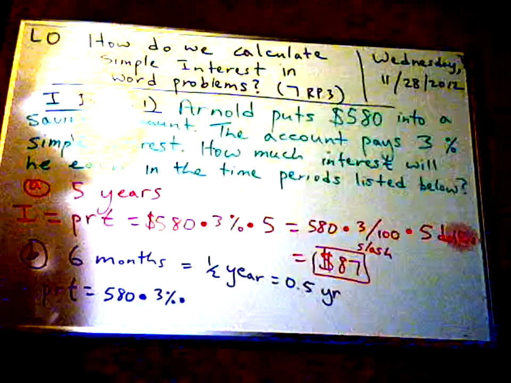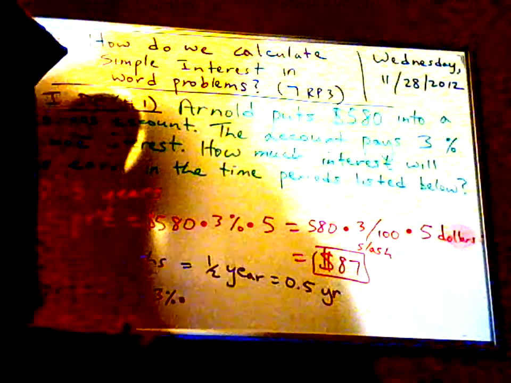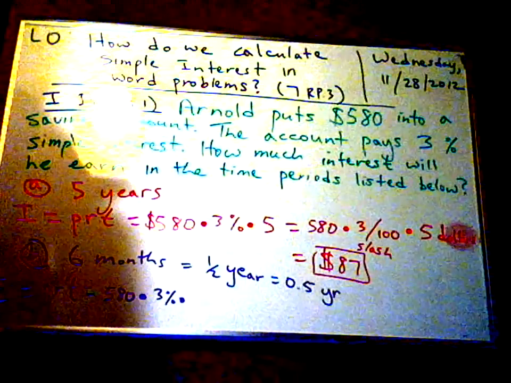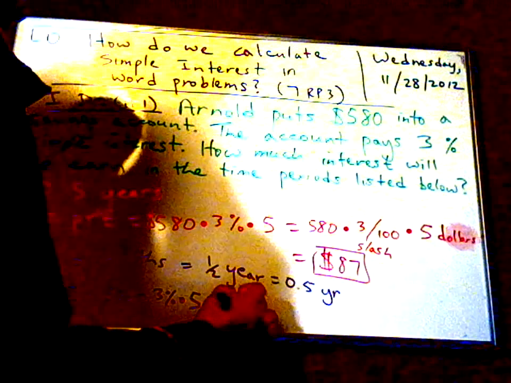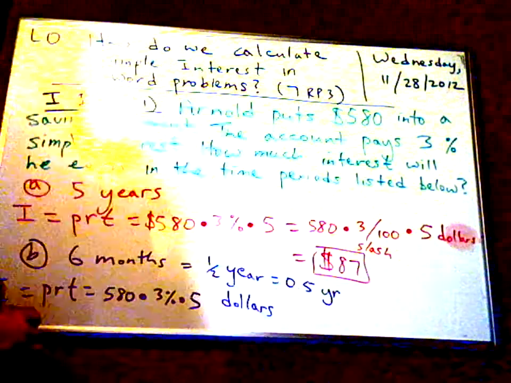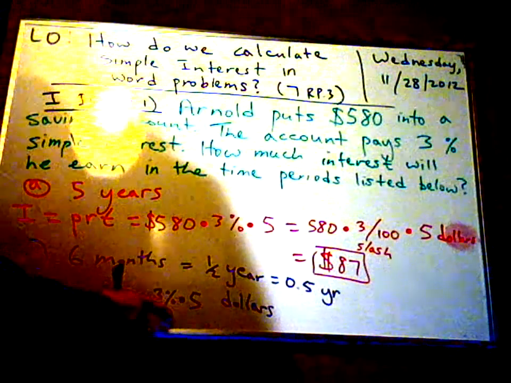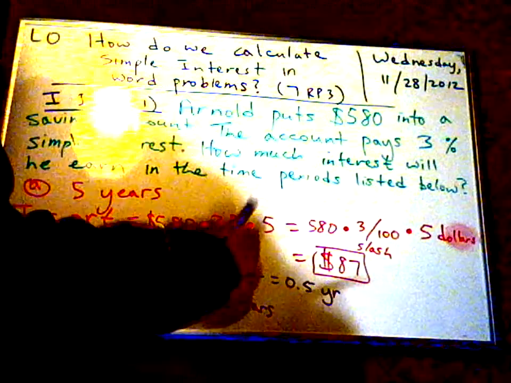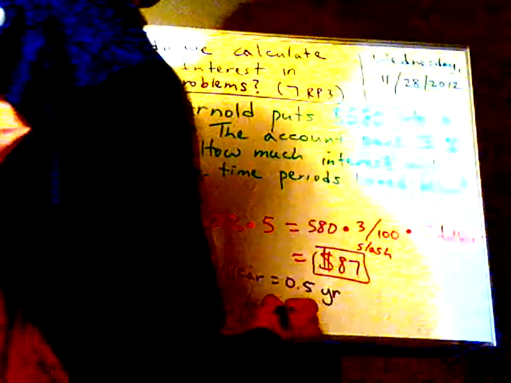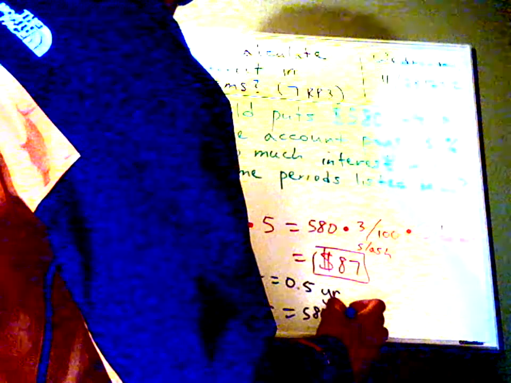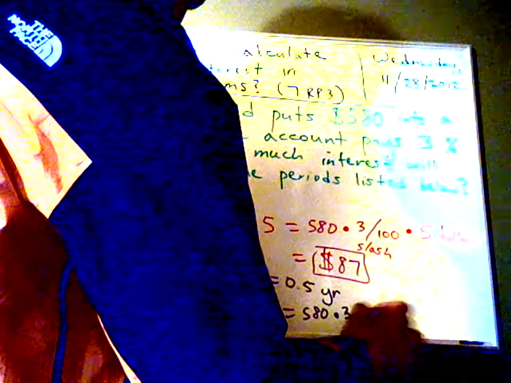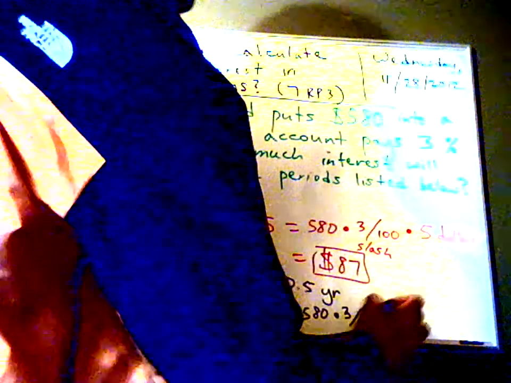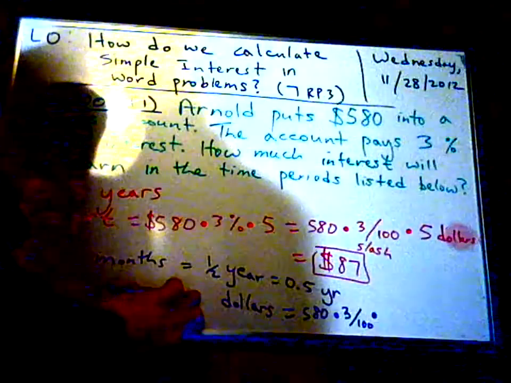And we're going to be multiplying by 5, and all this will be in terms of dollars. So principal times the rate times the number of years, and everything is money, so it's in dollars. So this would give us 580 multiplied by 3/100 multiplied by, not 5, I made a mistake here, 0.5.